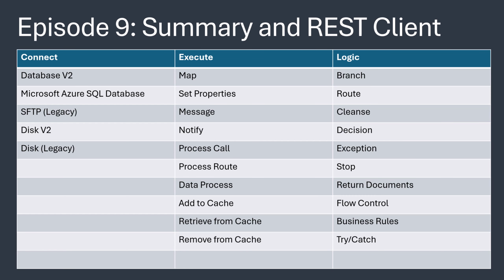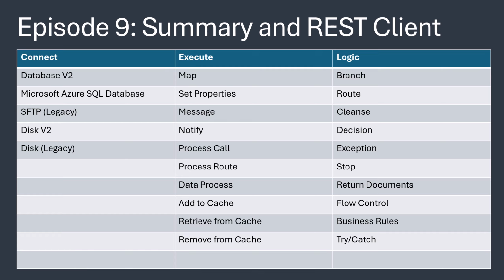Here is the overview of all the steps we covered so far. In Connect, we have Database v2, Microsoft Azure SQL Database, SFTP, the legacy one, Disk v2, the disk legacy.